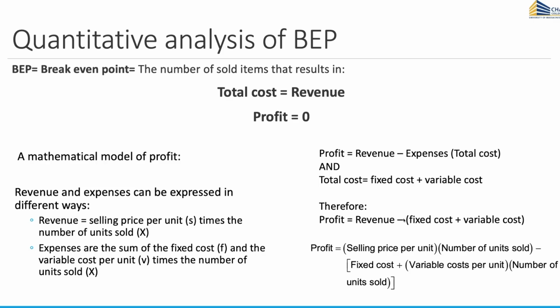Total cost is the combination of fixed cost and variable cost. Fixed cost is not dependent on items sold, but variable cost is the variable cost per item multiplied by the number of items being sold.